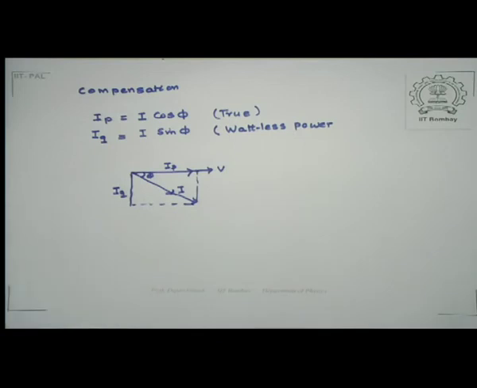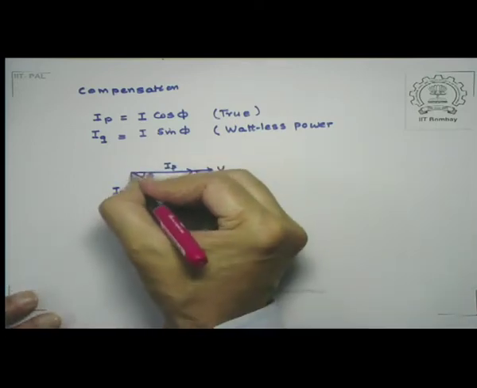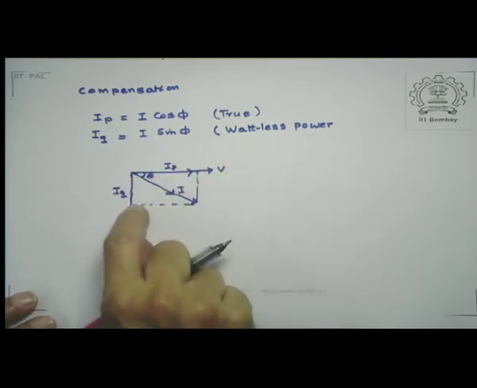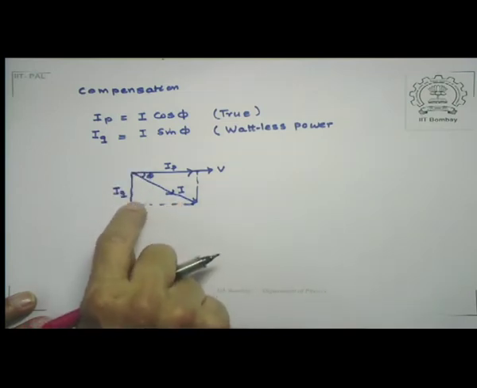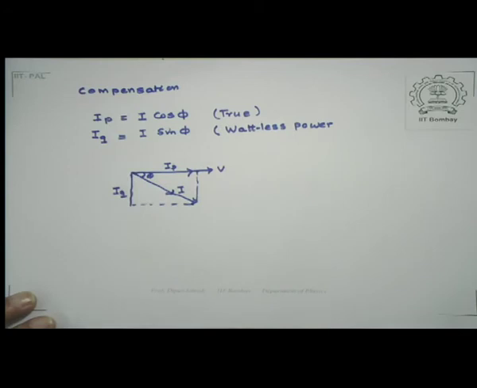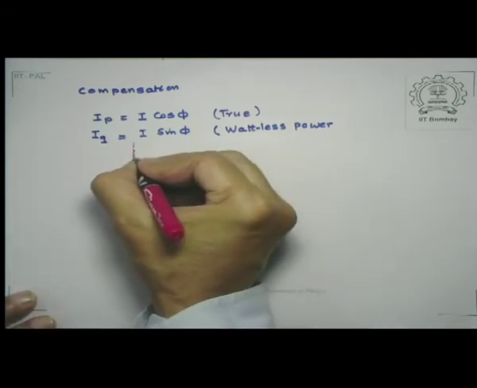How this is done is to provide another element which will provide a reactive component in the opposite direction. As we recall, the capacitive and inductive reactances are aligned but oppositely. So the simplest way of cancelling this would be to supply a capacitive component which exactly cancels this. This is what ideally we would like to do.